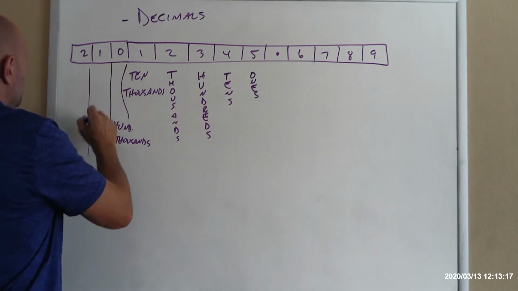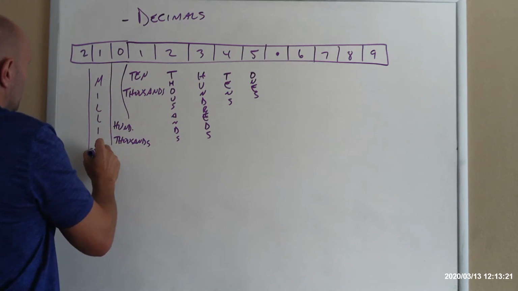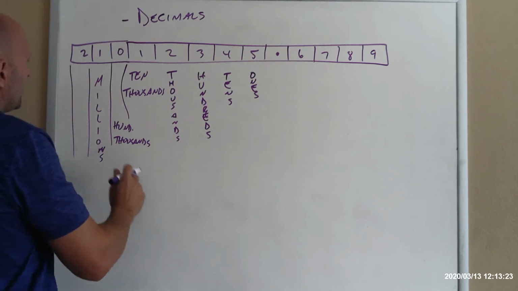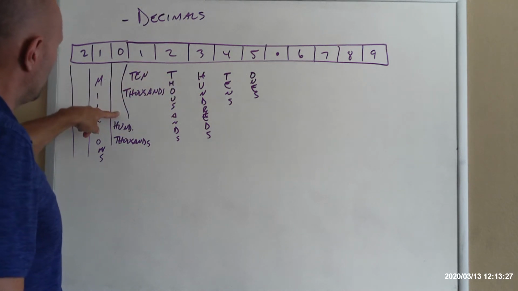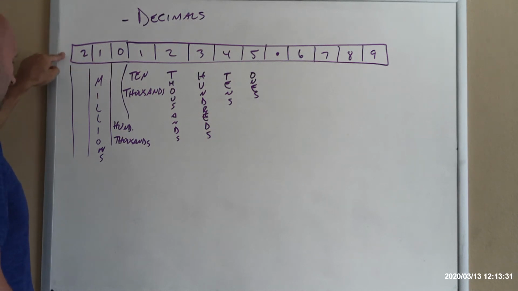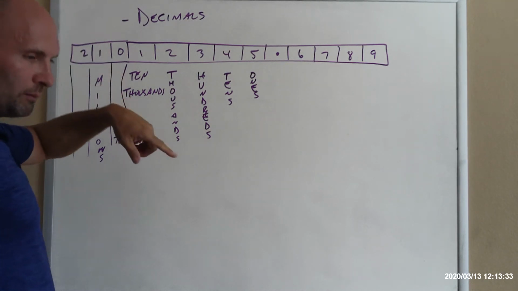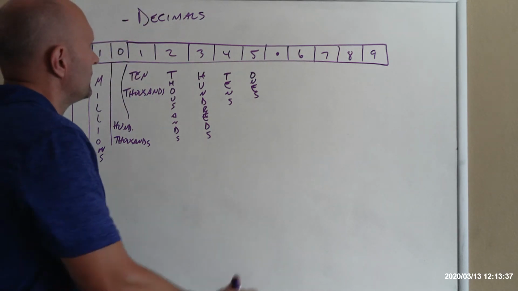This 1 is in the millions column. And then it just kind of repeats. So we had what? Thousands, 10 thousands, 100 thousands. And we have millions, 10 millions, 100 millions. Then 1 billion, 10 billions, 100 billions, etc.